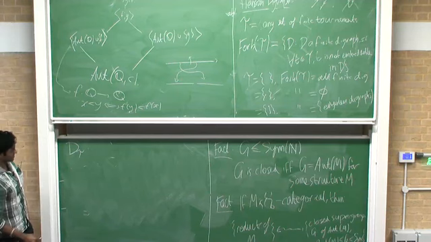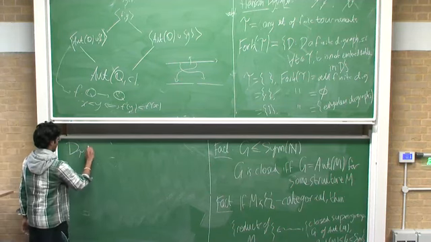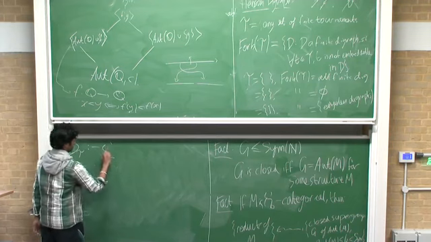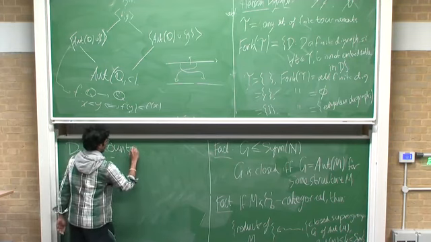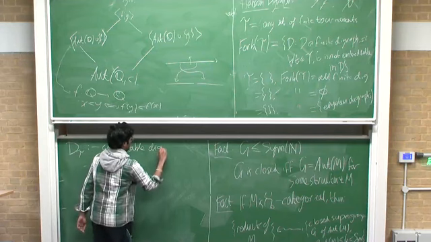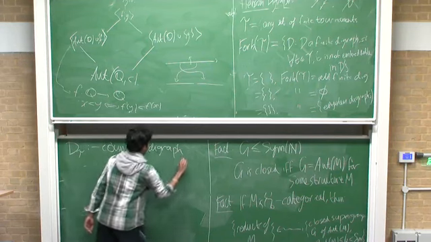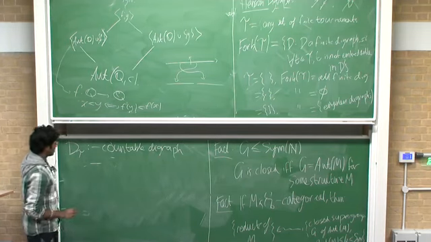So D_T I will define to be a countable digraph which satisfies the following properties. A, it's a countable digraph.